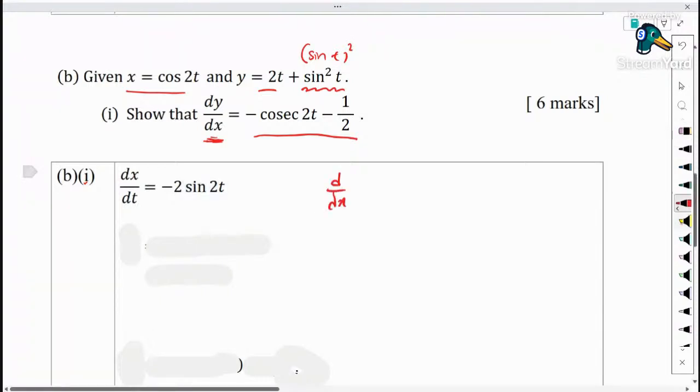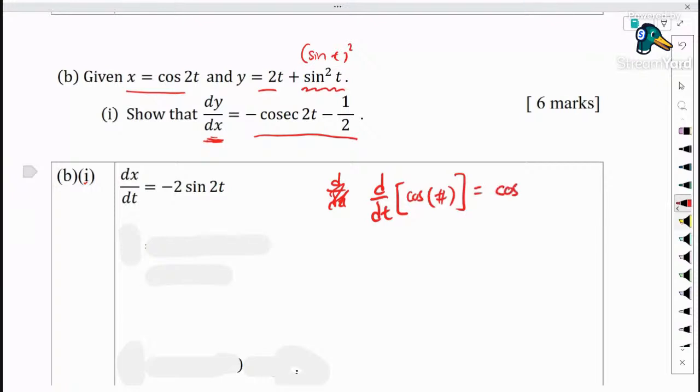Recall the concept: differentiate with respect to t, for the case of cos, switch the trigo ratio so cos becomes negative sine, multiply by the differentiation of the angle. The angle is 2t, you differentiate it, you get 2. And 2 multiplied with the negative sign gives negative 2 sine 2t.